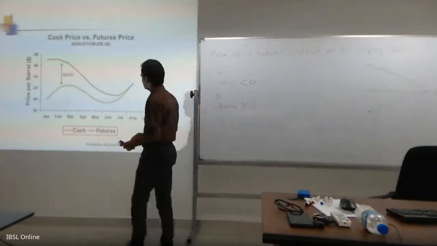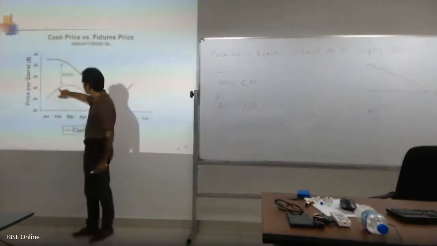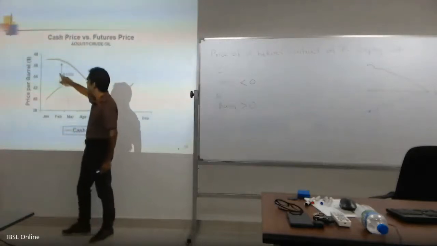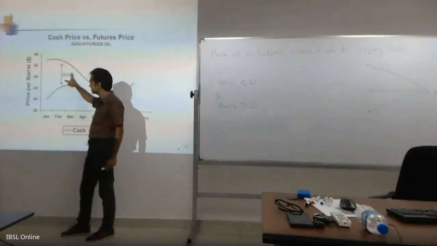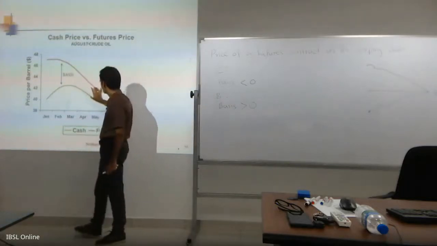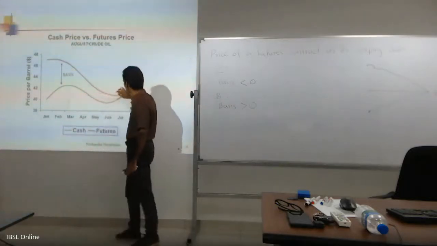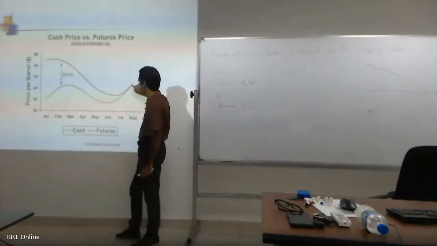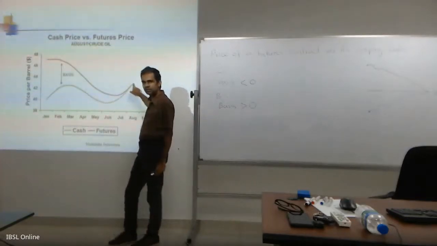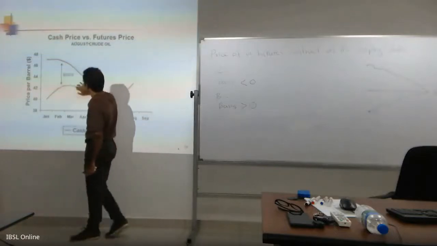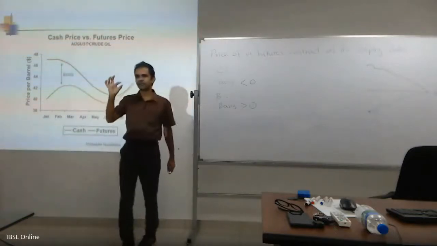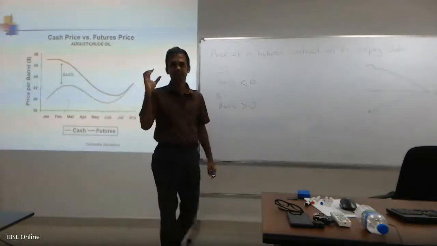Here you can see spot price has increased, but the futures price has decreased. Then both together decreased, again increased on the expiry, but the gap generally narrows. That is convergence.